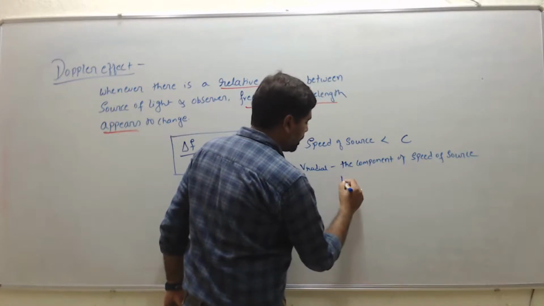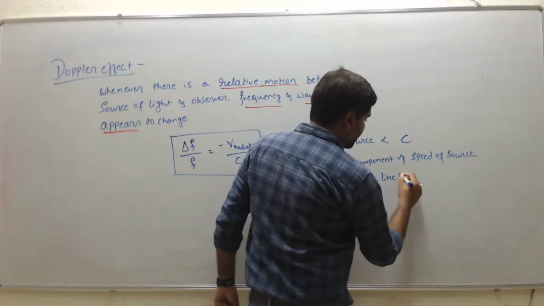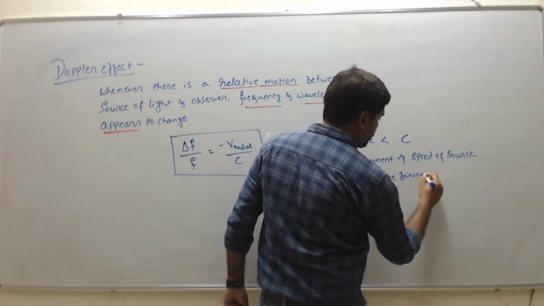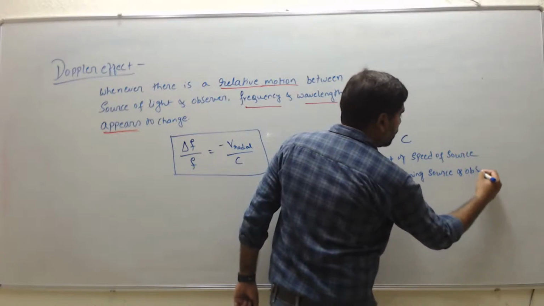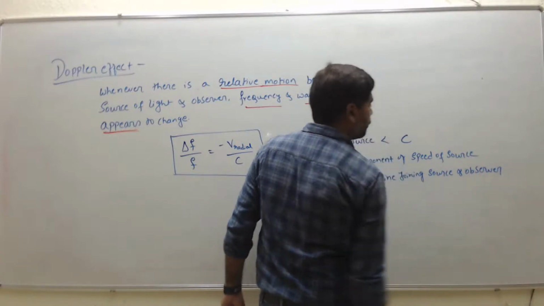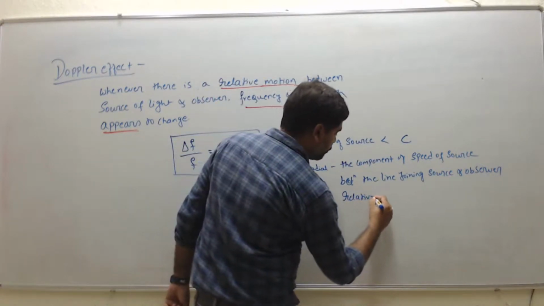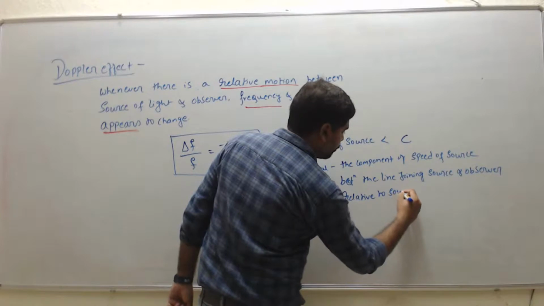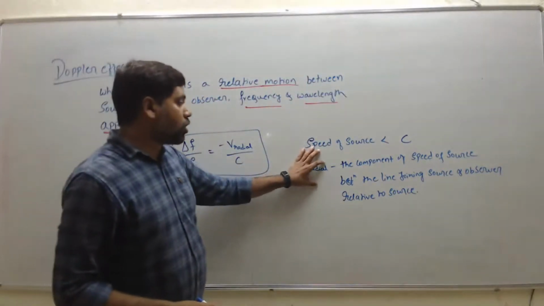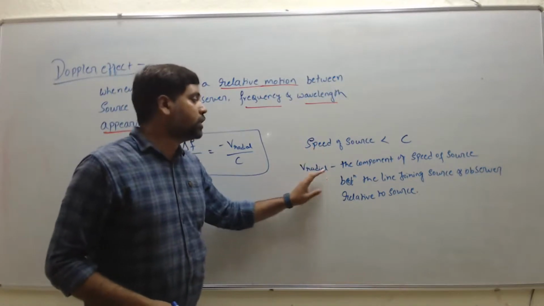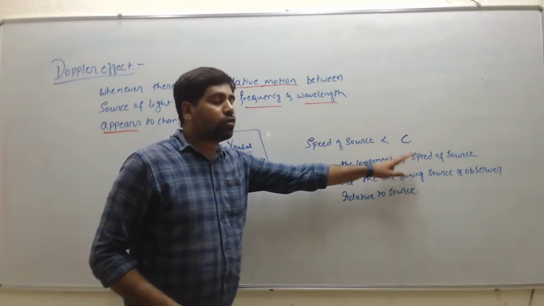between the line joining source and observer. So this is the v radial. It is the component of the speed of the source along the straight line joining the source and observer.